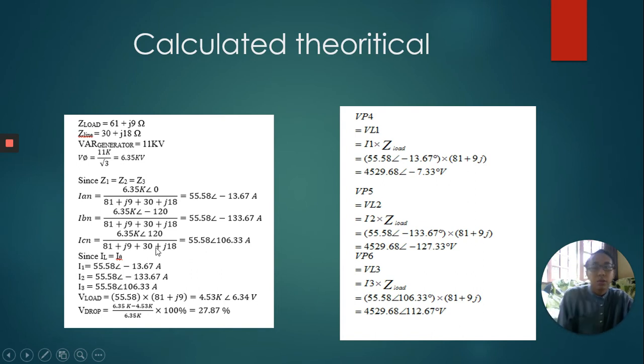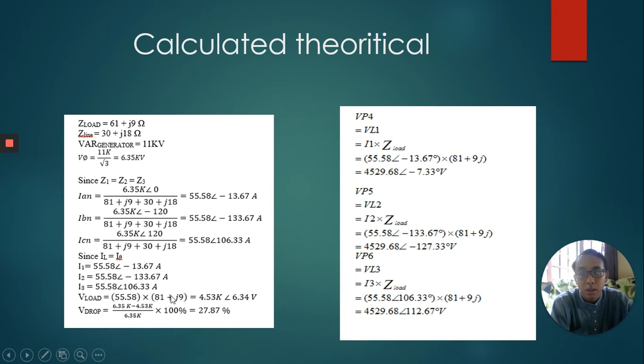Since we know that I line equals I phase, you just copy back the answer. So I1, I2, I3 are the same, as I line equals I phase. To calculate the V load, we put this formula times the load line to get the voltage load.